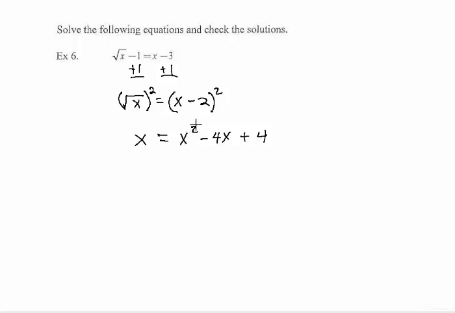Since we have this squared term here, we want to move everything to one side. So we subtract this x from each side. We put it in standard form, having a 0 on one side and all of the other terms on the other, is what we mean by standard form. And now we have to factor.